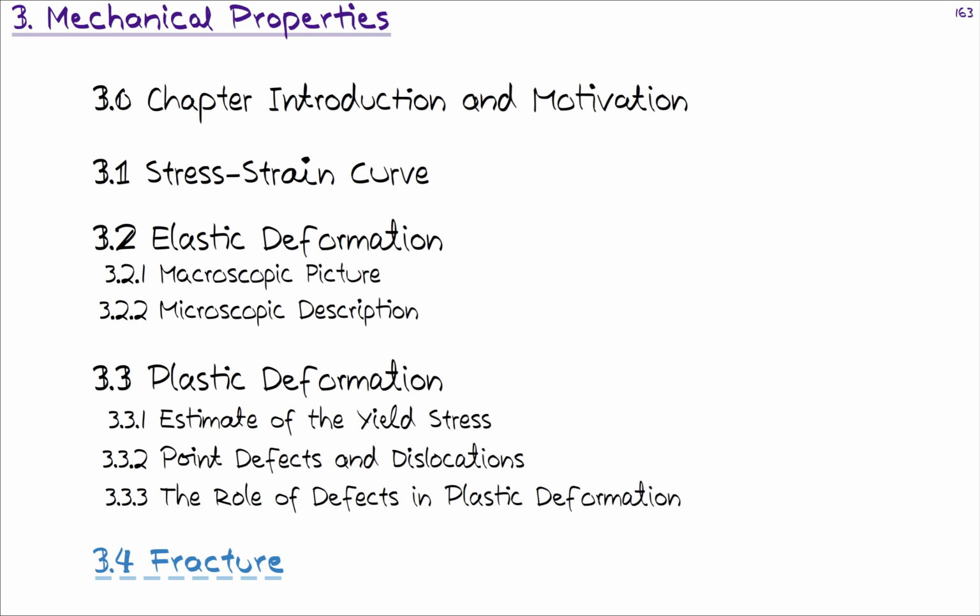I will speak of ultimate tensile strength, FTU parameter, and explain what is a process of necking, and that will be in the focus of this lecture, basically. Try to understand what happens in necking process.